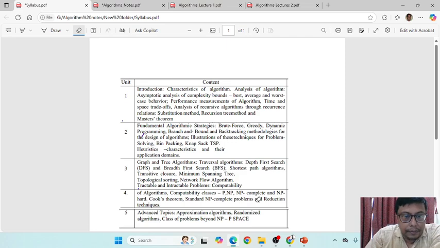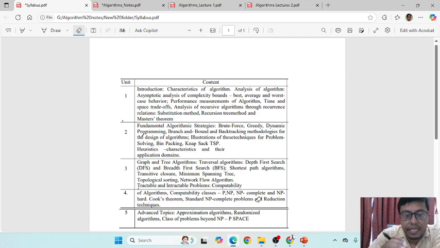To start with, we will be learning the characteristics of algorithms, analysis of the algorithm in terms of asymptotic notations, and the complexities, the bounds within which the algorithmic complexity can be defined.